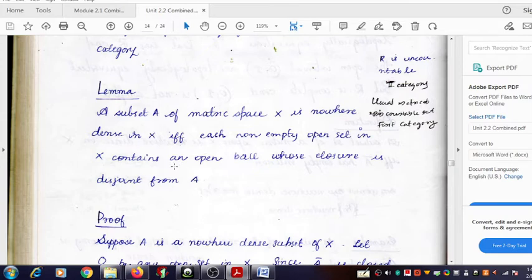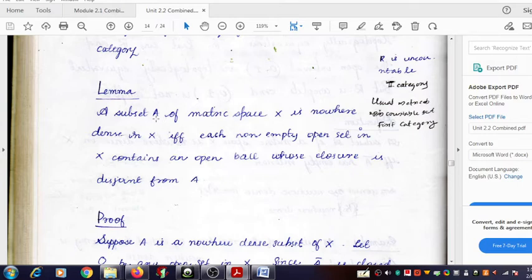So if this condition is true, then we get that A is a nowhere dense subset, and if A is a nowhere dense subset of the metric space X, then we can show that this condition is satisfied by every non-empty open subset of X. Now in this lemma we are linking an arbitrary non-empty open subset of X and a nowhere dense set.